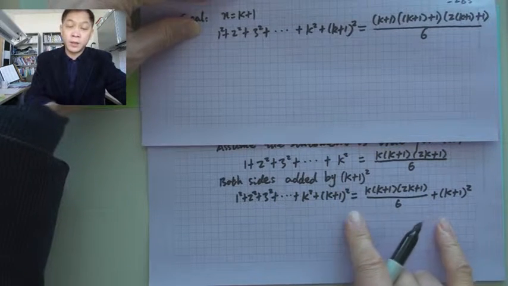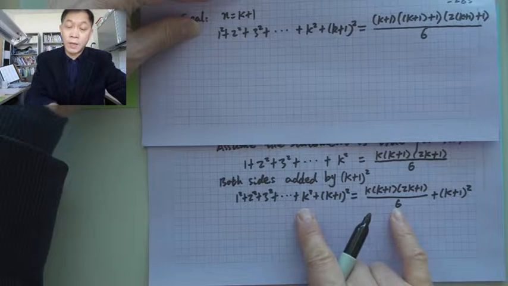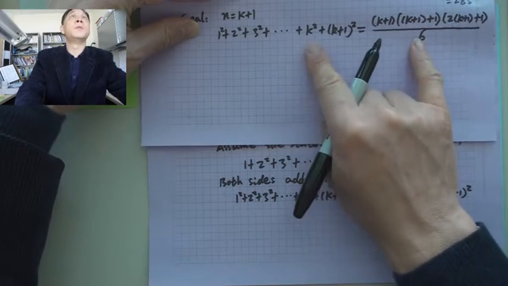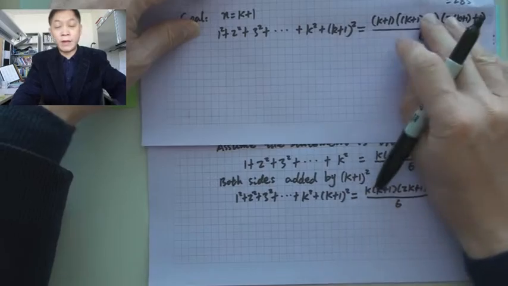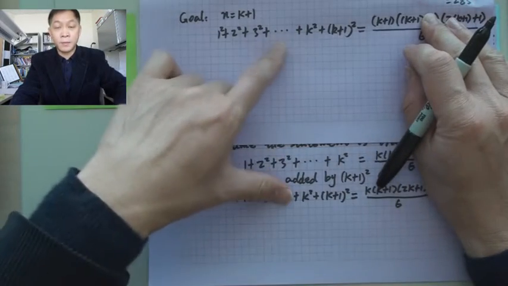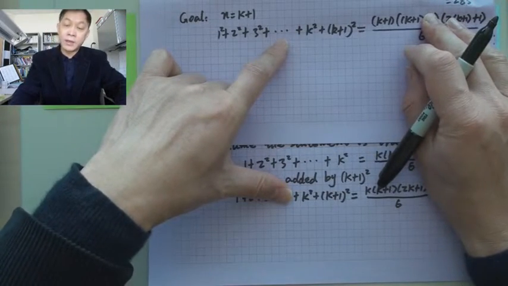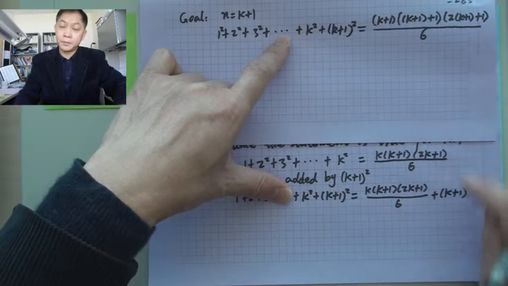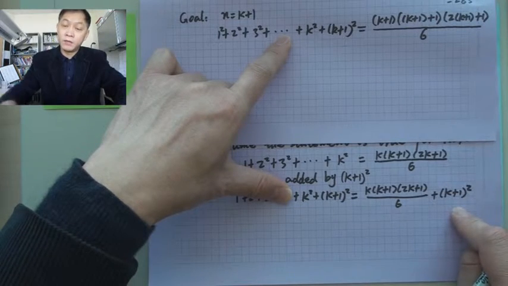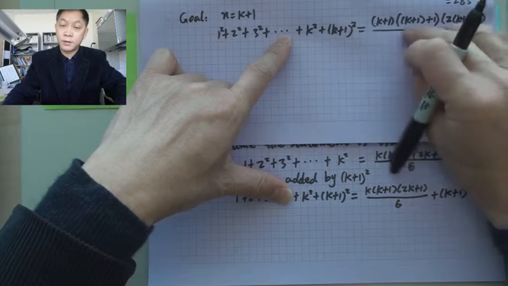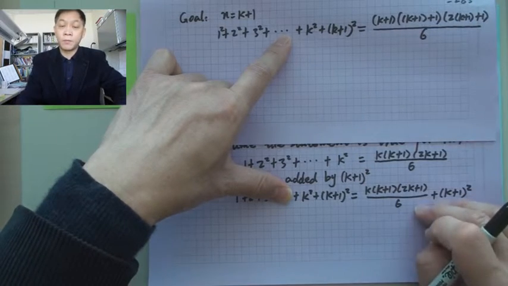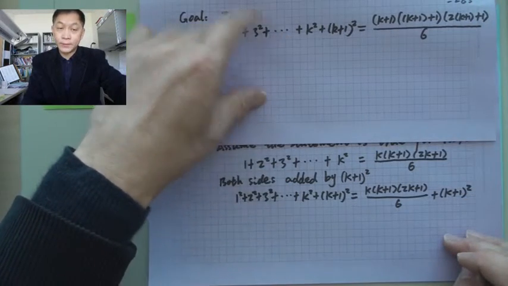Now comparing this one and the one right here, we have a left hand side already. They are the same. On the right hand side, they are not the same. If the right hand side is the same, then we are done.